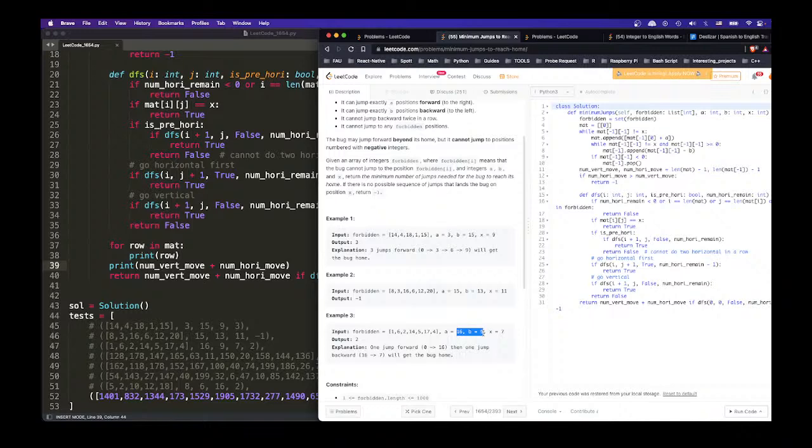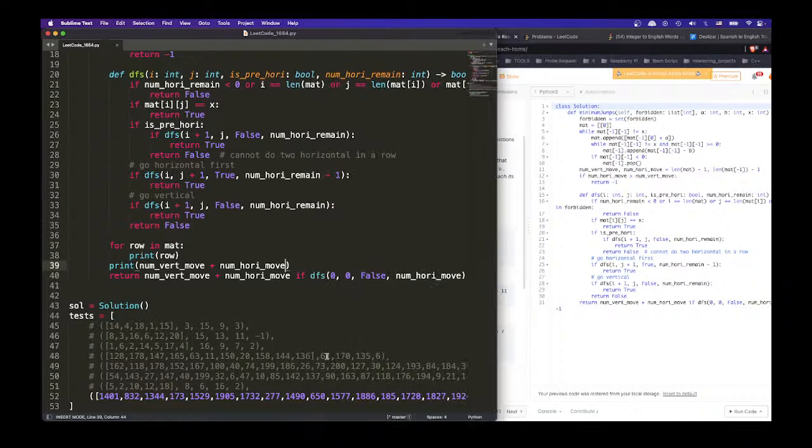So what if you hit something more complicated? Like in this case, we say go right is 61. Go left is 170. So we have 170 minus 61.